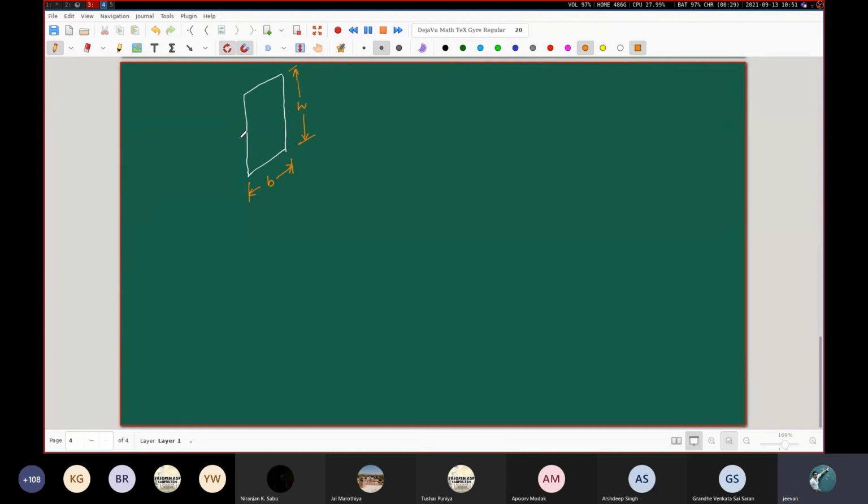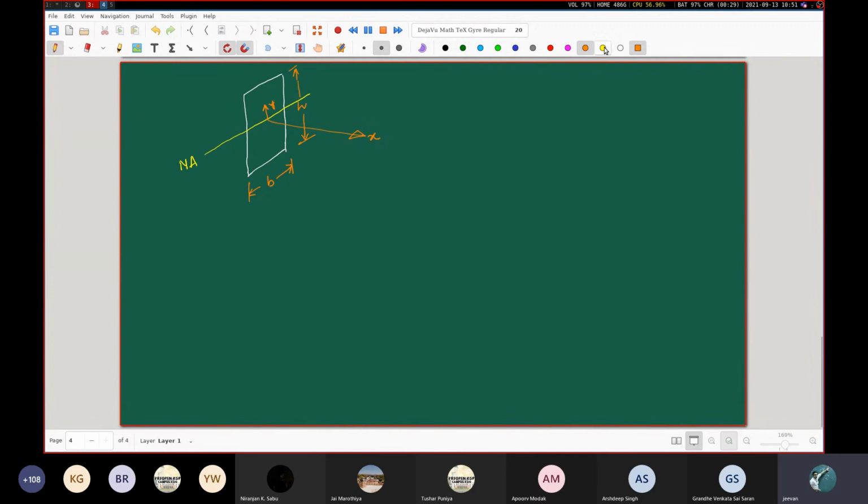You all know that the neutral axis would be passing through the centroid, and that centroid is at the level of h by 2, at the midpoint. So this is the neutral axis. And we are going to locate the origin of our coordinate axes here. So our y will be something like this. This is our y, and like before, this is our x.